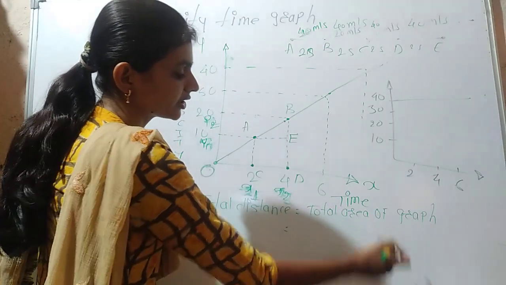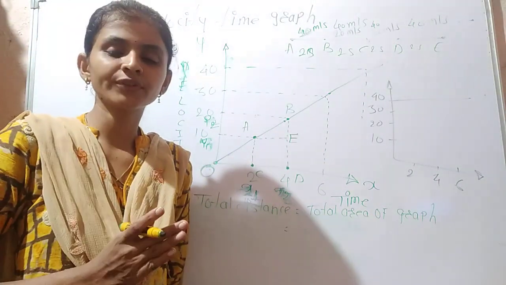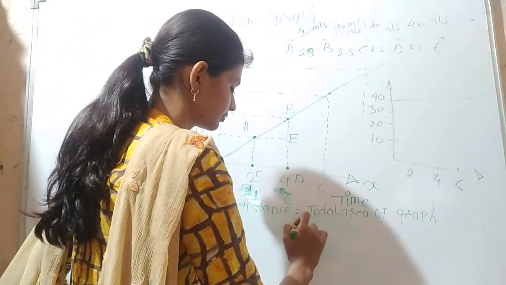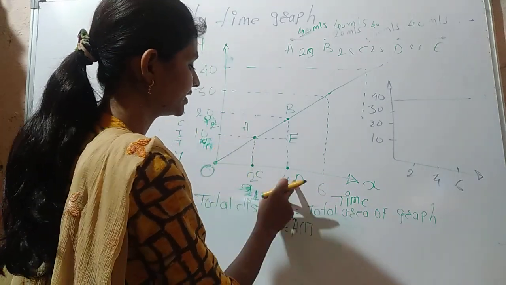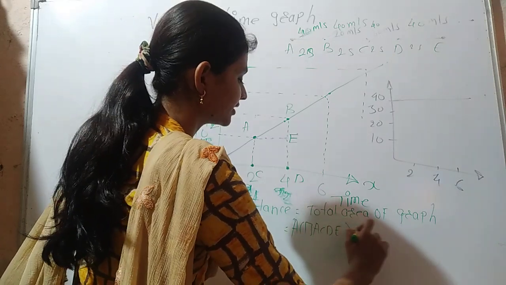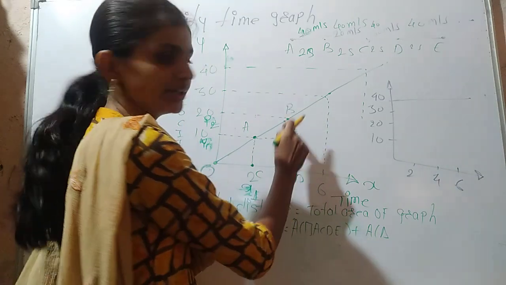So the total area of the graph is the sum of the area of the rectangle plus the area of the triangle. Here the rectangle is ACDE, and the triangle is ABE.